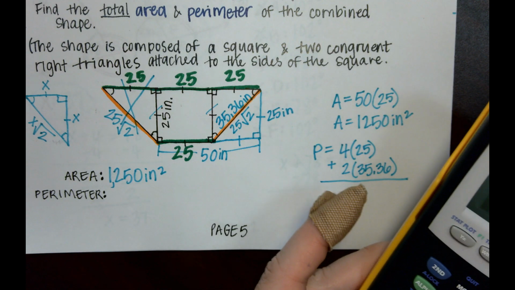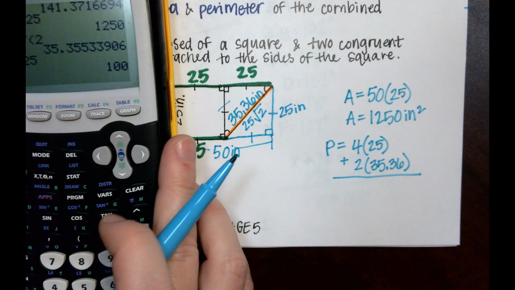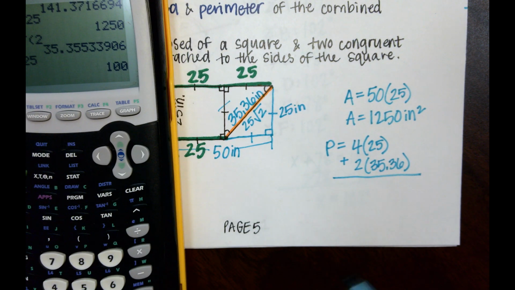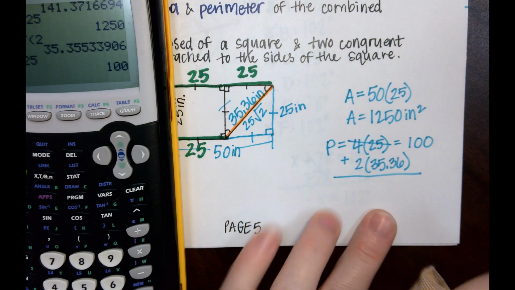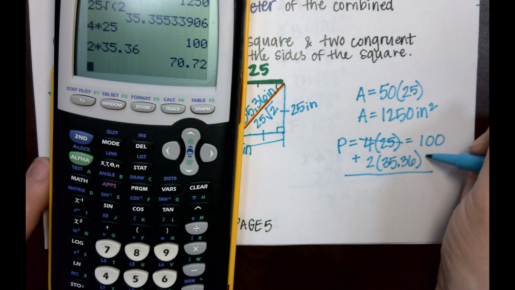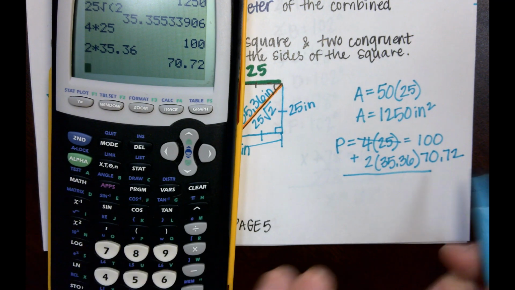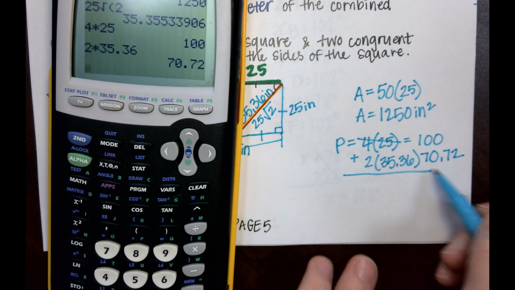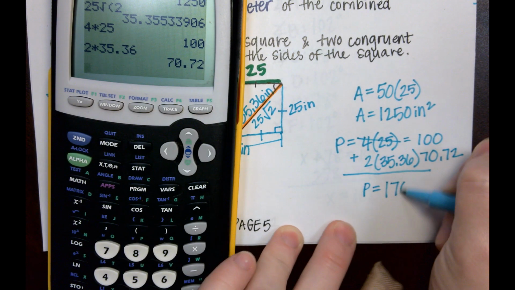So let's see, 4 times 25 gives us 100. And then 2 times 35.36 is 70.72. So 100 plus 70.72 equals 170.72.